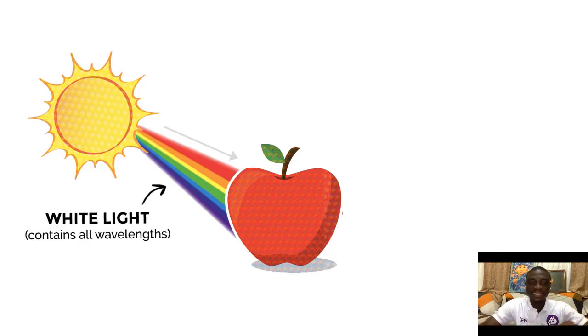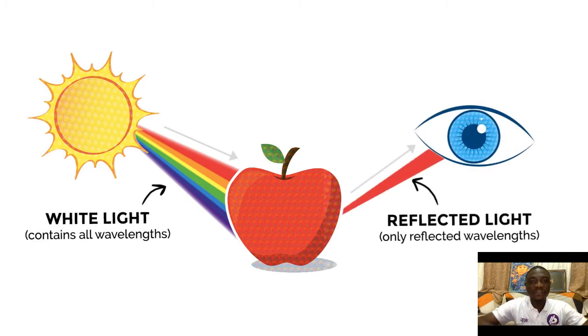Now when it hits it, the object absorbs all the light and then reflects it to the eye. In this case, on the right hand side, you are seeing the reflected light, which is the actual color of the object.